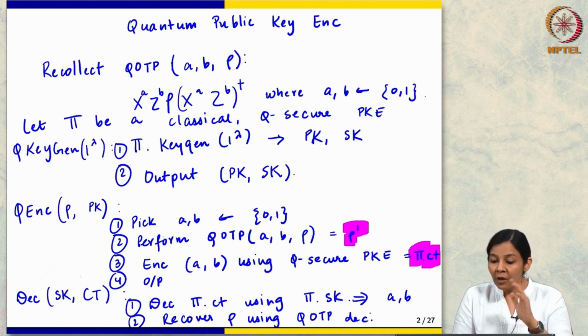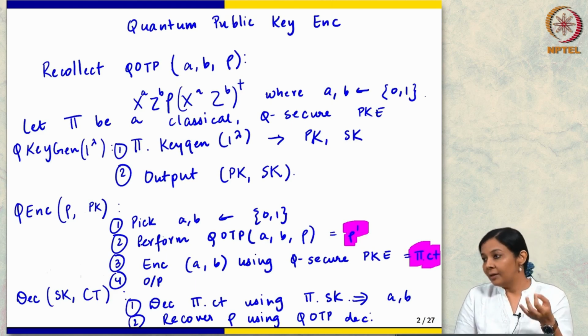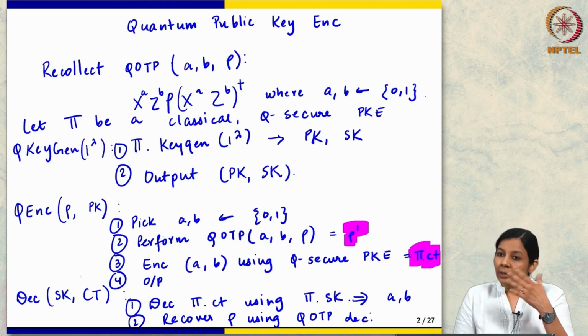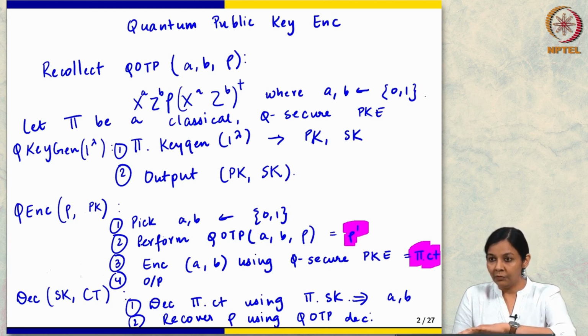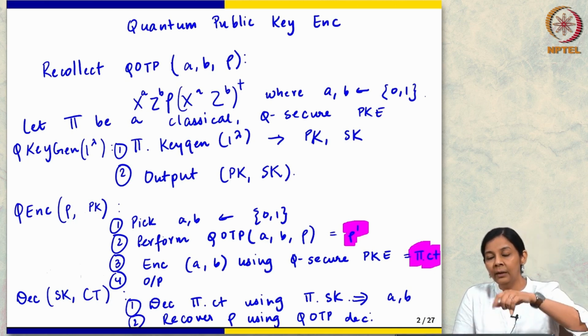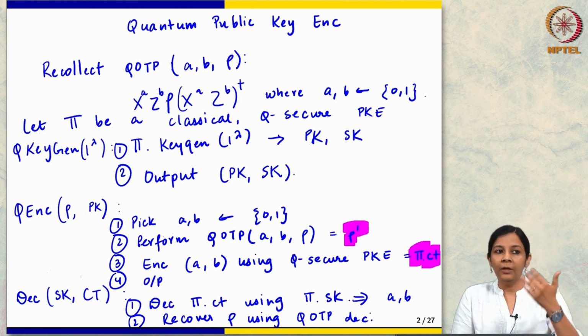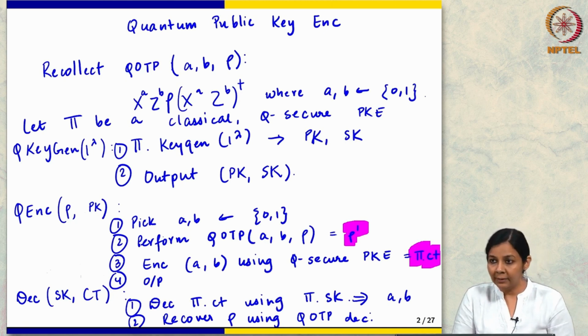So, now we are using the fact that the QOTP secret key is actually classical bits. So, we could encrypt that using a classical scheme, and the QOTP can hide quantum information. So, it is a two-step process, and the secret key of the QOTP we will hide using a classical PKE.